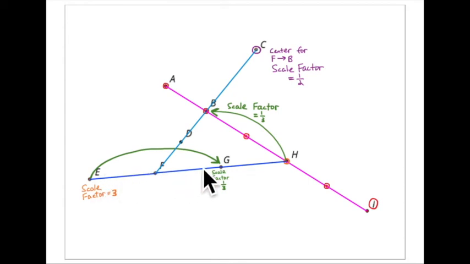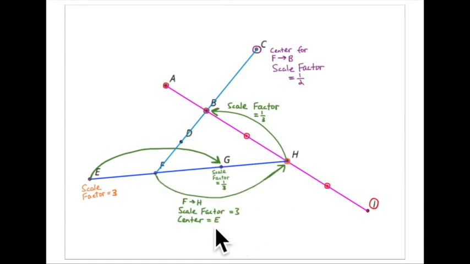So this would be 1, 2, 3. F to H, scale factor of 3. Center of dilation is E. So it's a scale factor of 3. So this is 1 unit, 2 units, 3 units. So center of dilation is right here. It's going to take F to H this way.